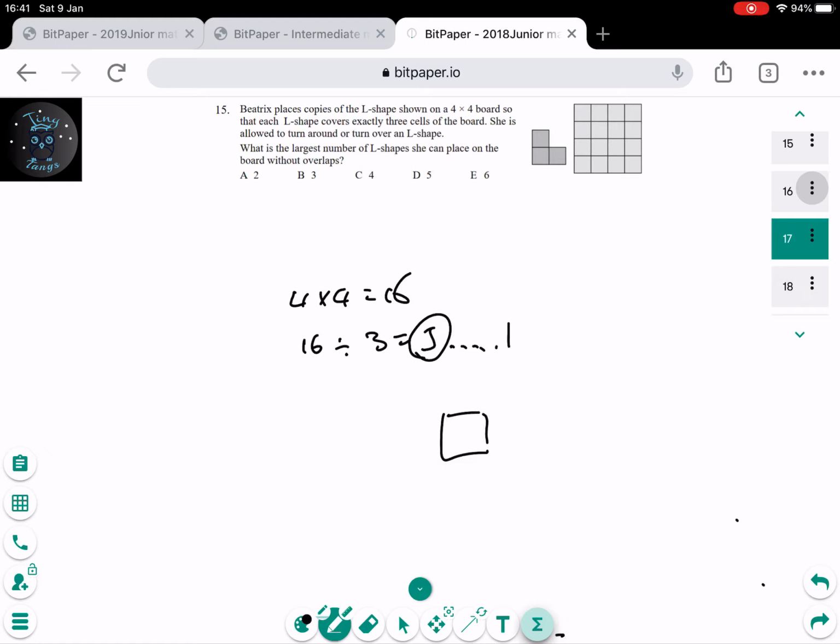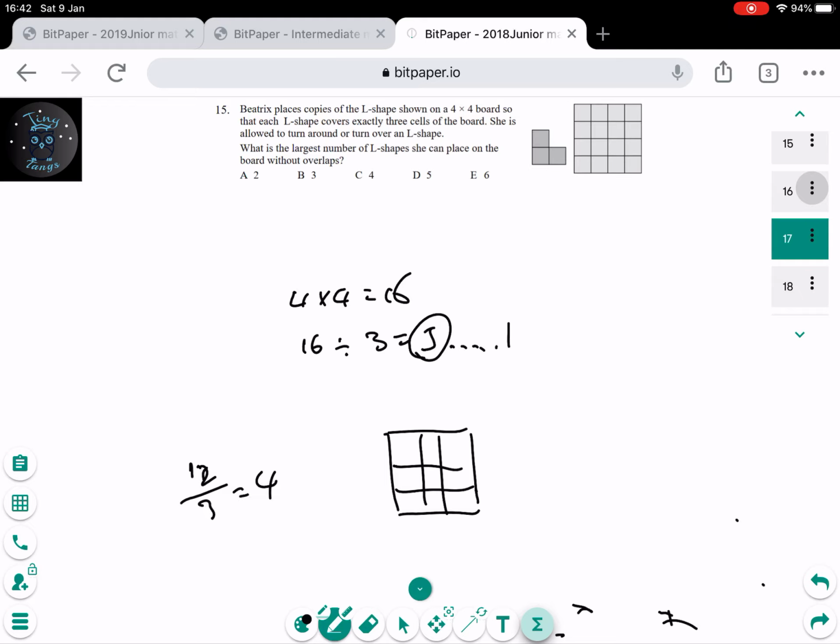Damn it, that's not good. Let's say, wait, let me think of something. So 12 divided by 3 is 4, and you need to place these same shapes in.